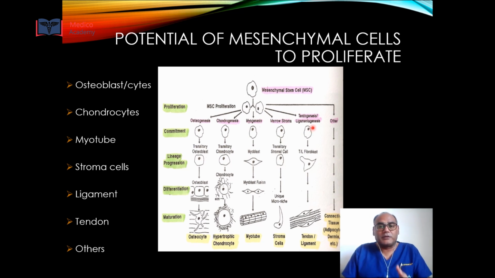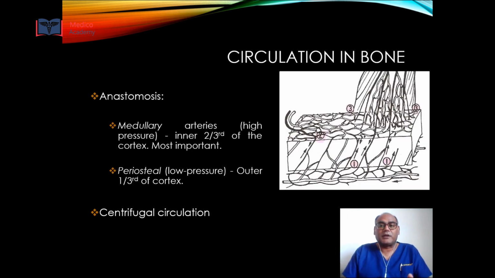Because these cells can differentiate into any of these, but we want them to differentiate into bone forming cells, fracture healing is a very finely regulated process, and there are various factors that help in real production of bone instead of the other tissues.